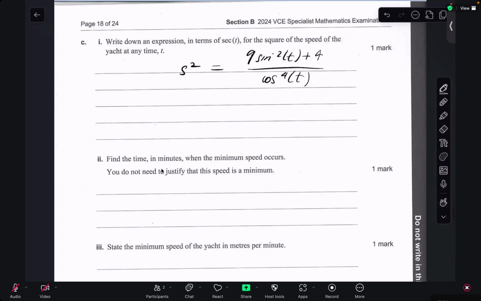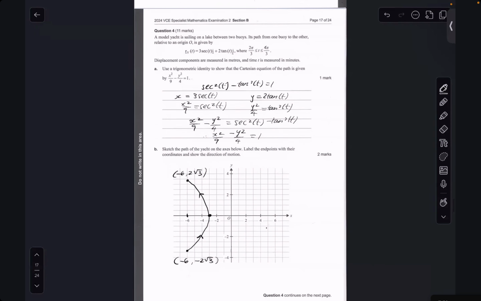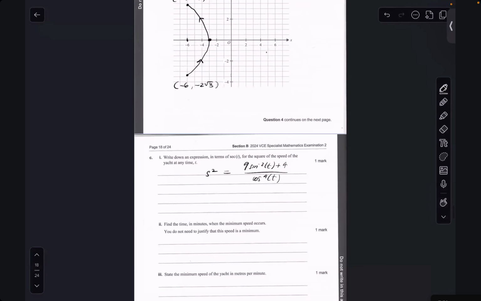Find the time in minutes when the minimum speed occurs. You do not need to justify that this speed is a minimum. So when does the minimum speed occur? Well, it's between 2 pi over 3 and 4 pi over 3.